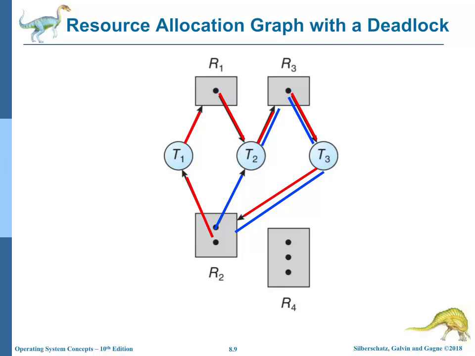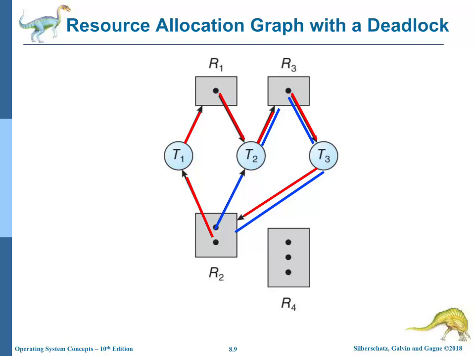Threads T1, T2, and T3 are deadlocked. Thread T2 is waiting for the resource R3, which is held by thread T3. T3 is waiting for either T1 or T2 to release resource R2.